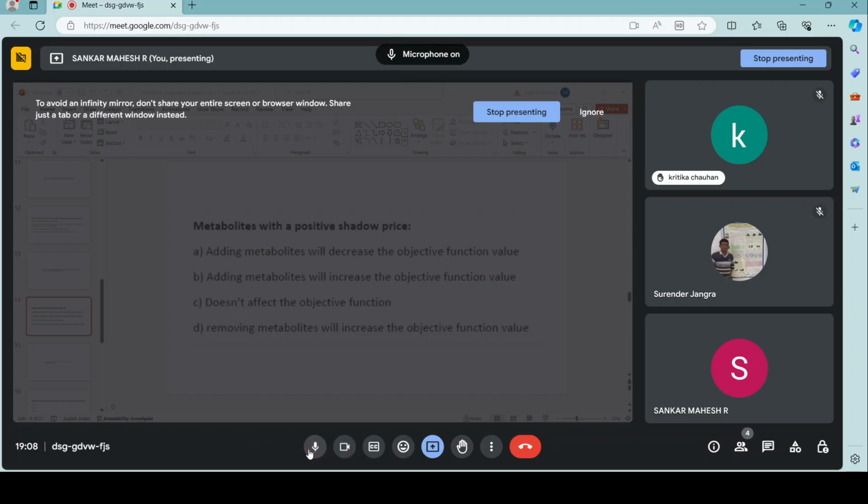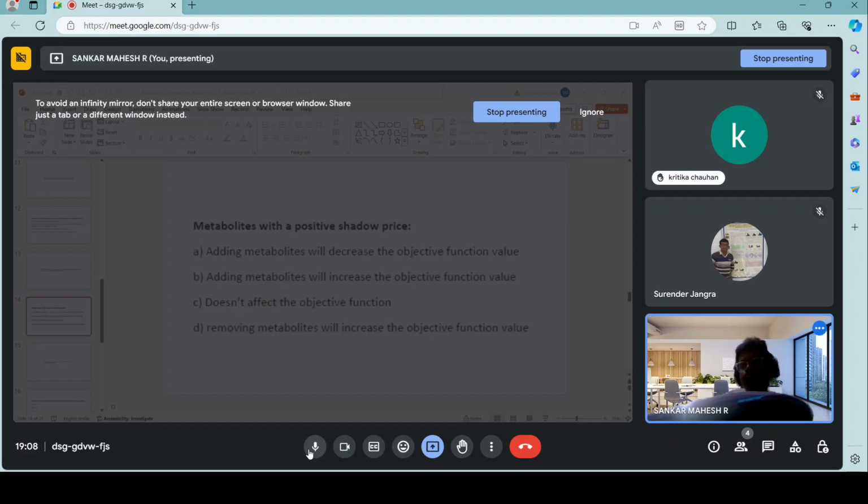Sorry. So how you can understand this is there is one metabolite that is either entering or exiting the cell. It is being exchanged. The amount in which this metabolite can enter and exit contributes to a particular value in the objective function. Now, let us say I change the amount in which it is either entering or exiting the cell.